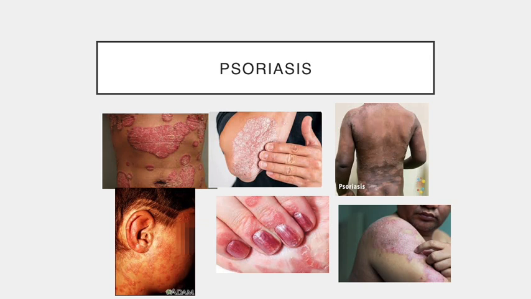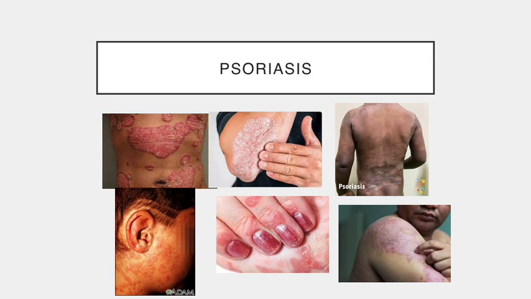Early referral to dermatology for psoriasis is very important. You can have psoriasis in the nails. I put a couple different variations here. You can have all over body psoriasis. Psoriasis can be on your face and your scalp, which can also be very upsetting, and people tend to want to stay covered up.